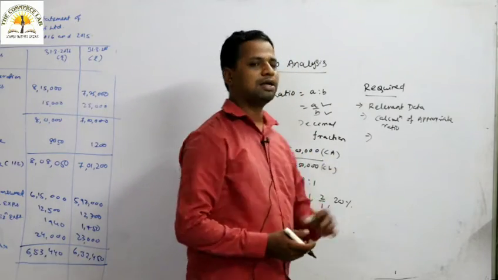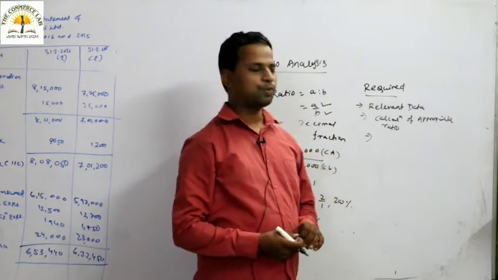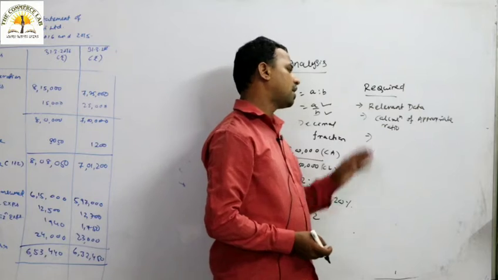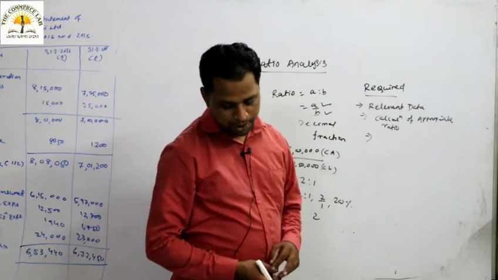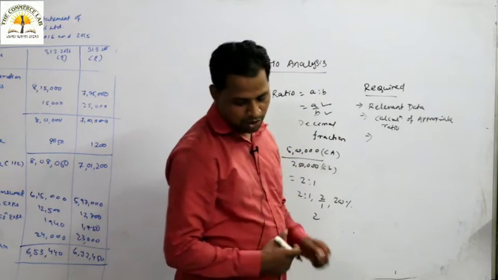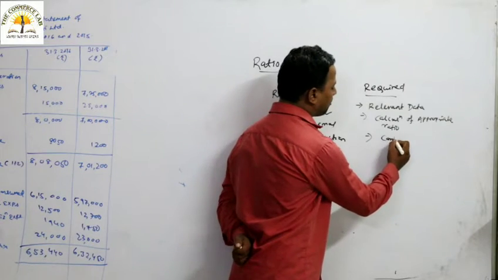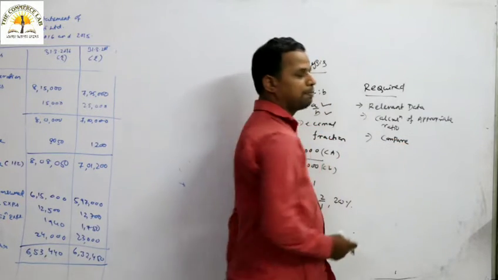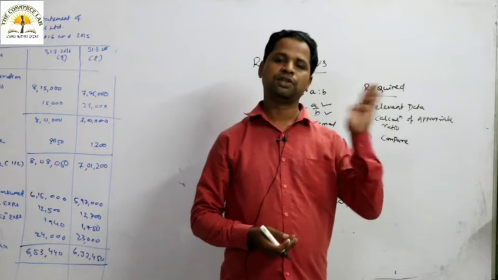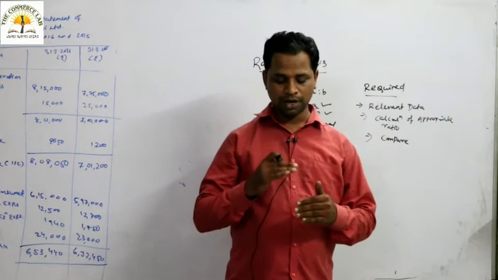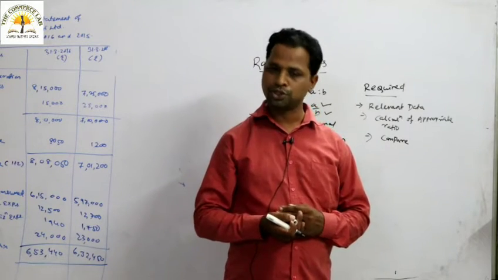Whenever you are calculating under the ratio analysis, you have to get the relevant data and calculate the appropriate ratio. Thereafter, you have to compare the previous year ratio with this year ratio, or you can project the ratio to the future also.